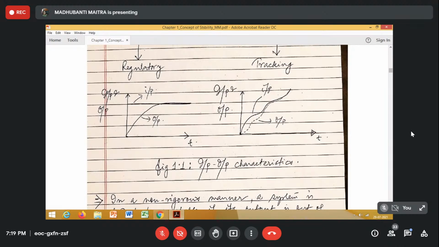Okay, so let's take another example. Suppose, let's consider this class. Suppose I give you a command, or if I ask any student to lift a heavy load.